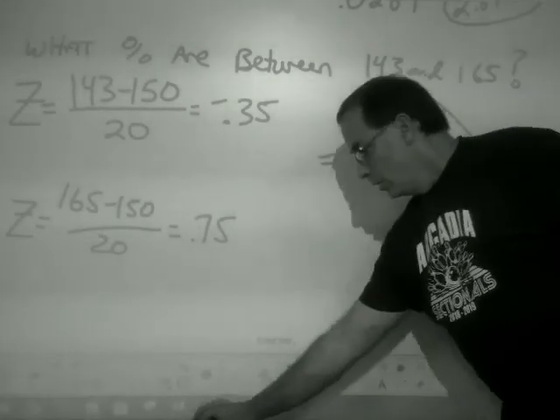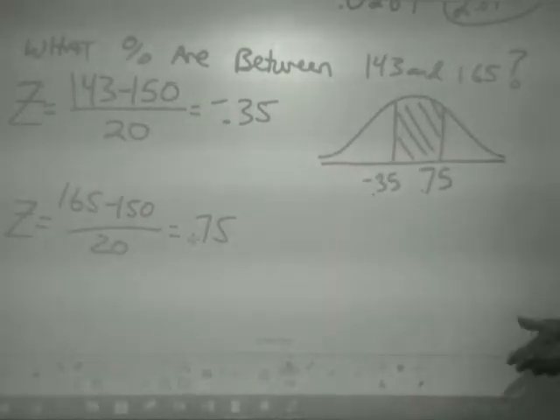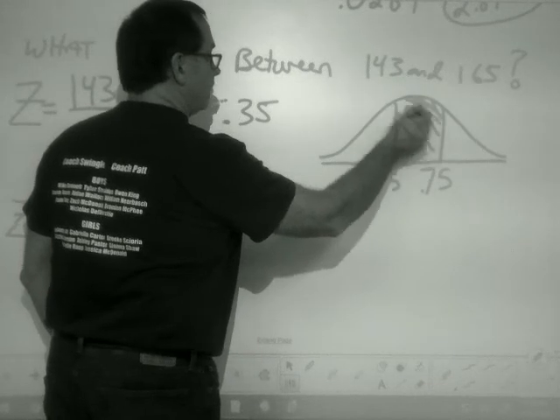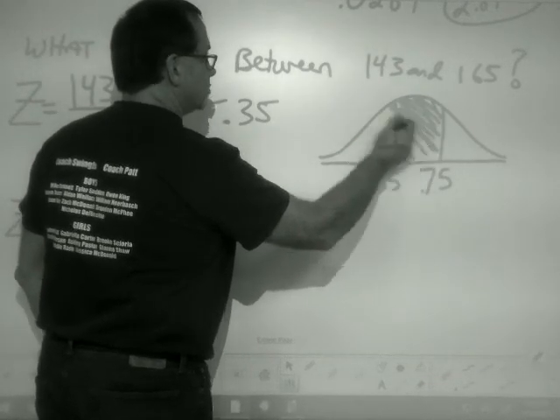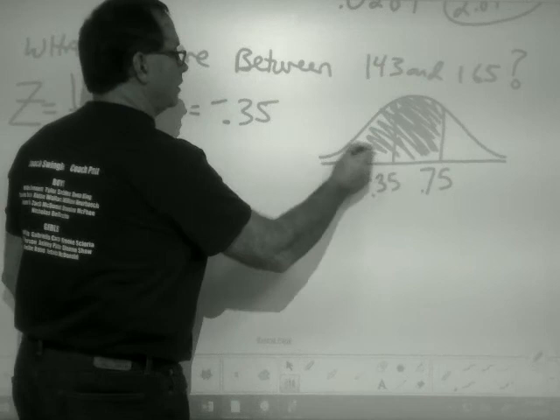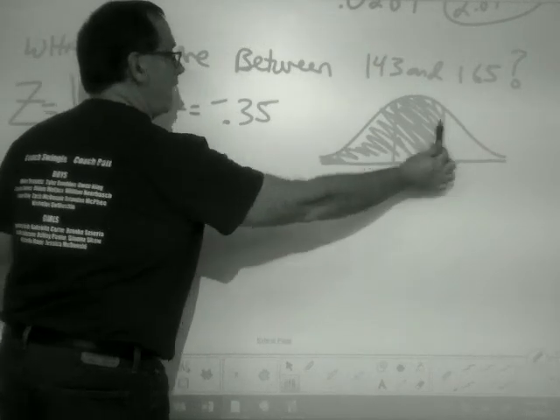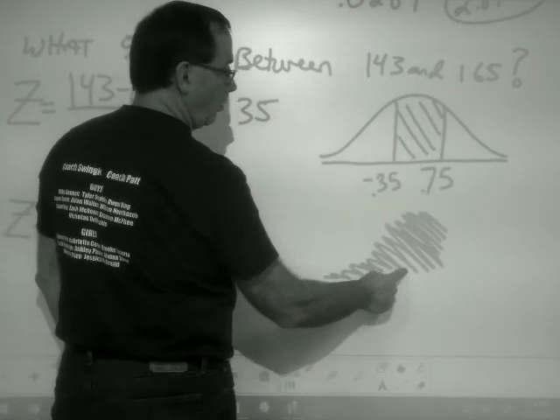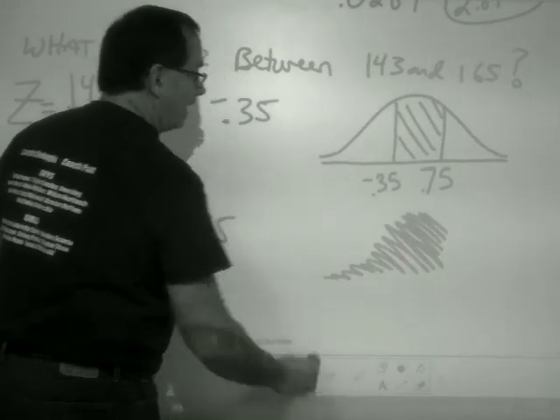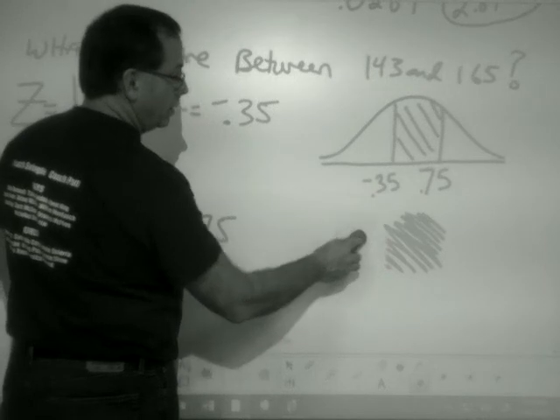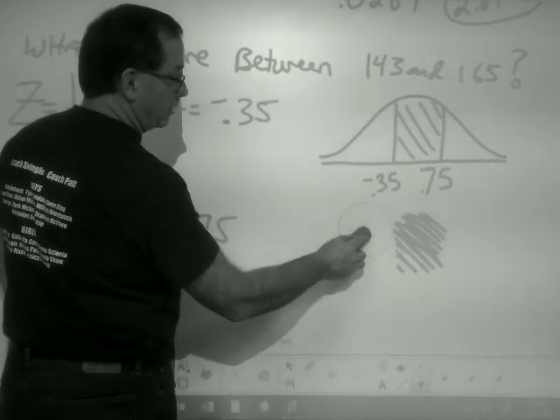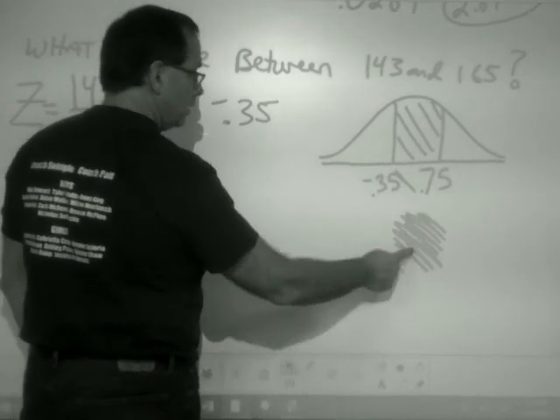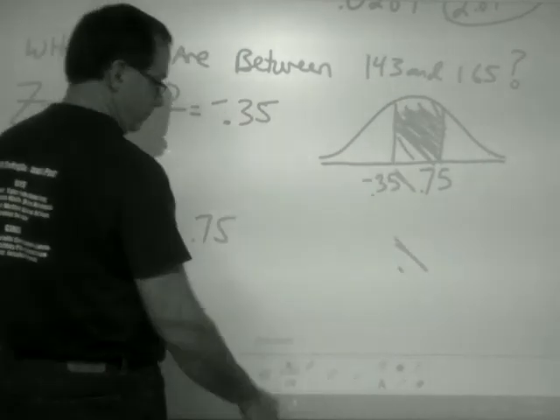Now, your textbook does not give you between. Your textbook gives you only what's to the left of any spot. So let's say I looked up what was to the left of 0.75. It would be all of this. All of that. If I could chop off what's to the left of 0.35, then what I would have remaining is what's in the middle.